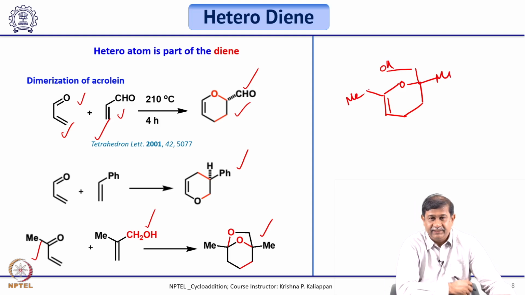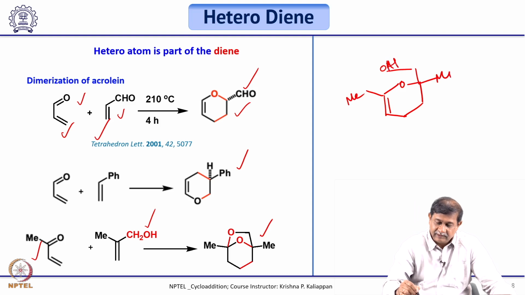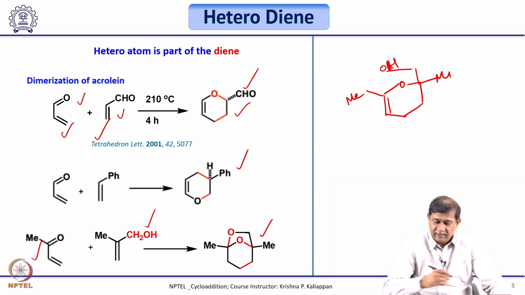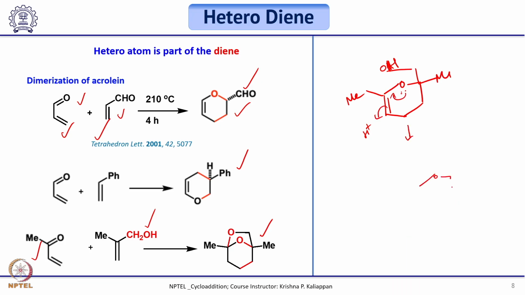You will get this intermediate. Okay. So now if you see, this is enol ether. Okay. If protonation takes place here, okay.